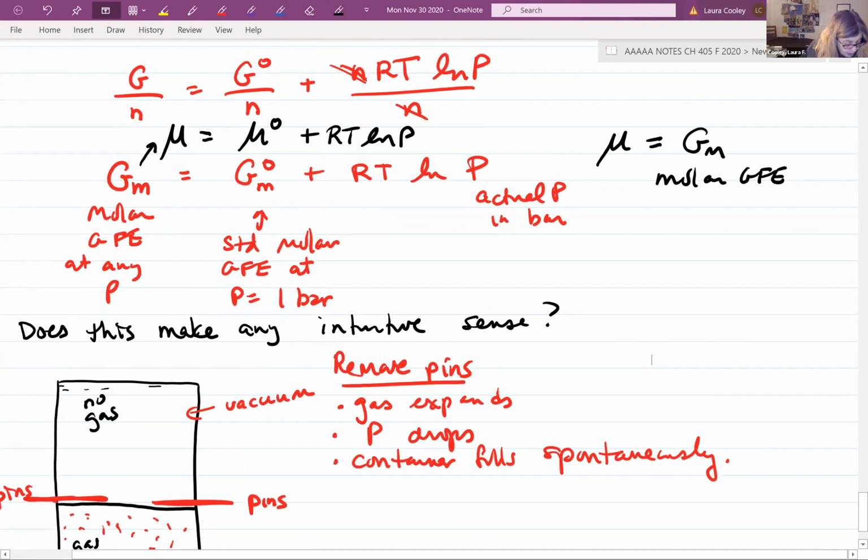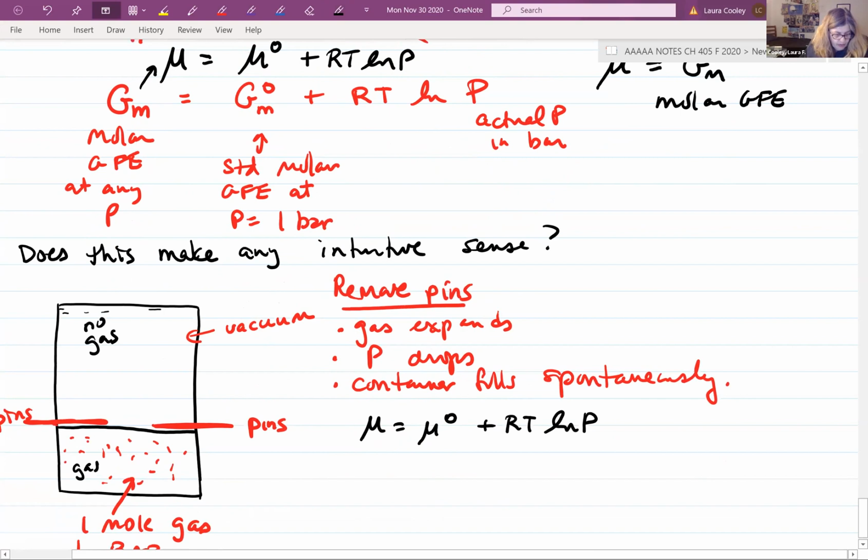So the container fills spontaneously. What's happening with the equation? You start out with a pressure of 1 bar. And then as this expansion happens, P drops.